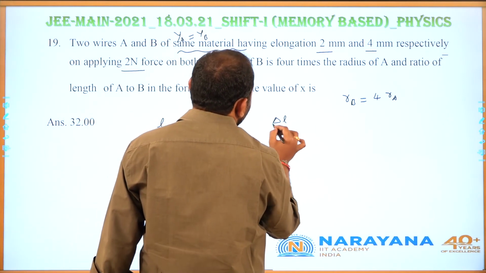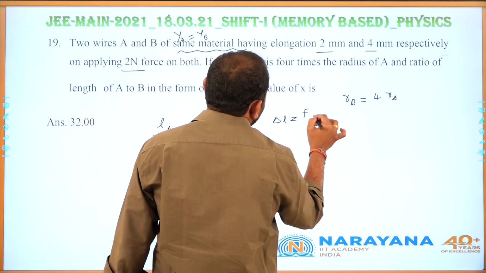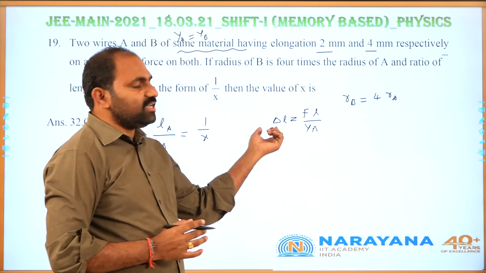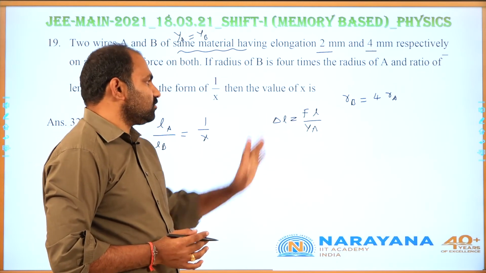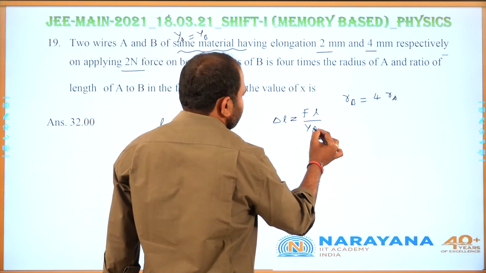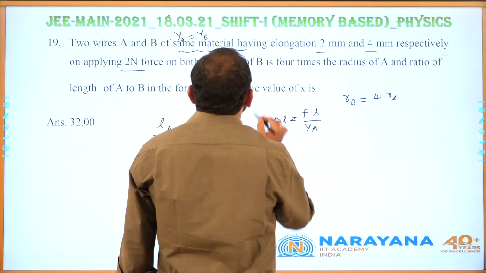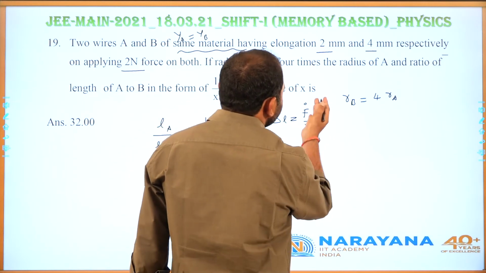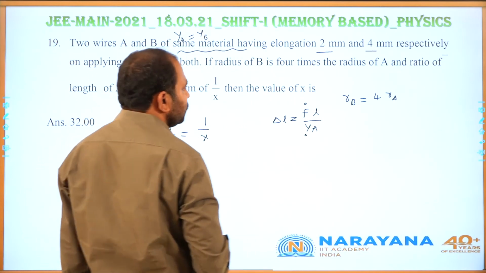Delta L equals FL by YA, or delta L by L is strain, that is stress by Young's modulus. Here it is the same material, so Y is common for both and the applied force is also the same, so F is also common for both.